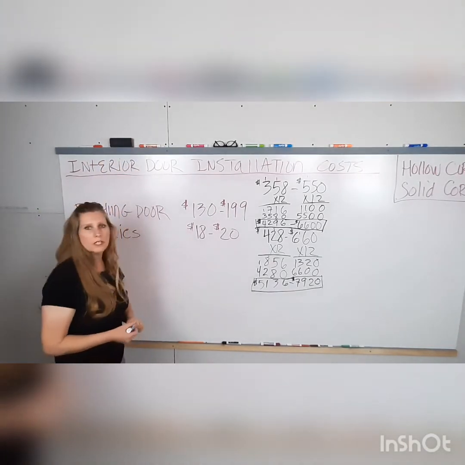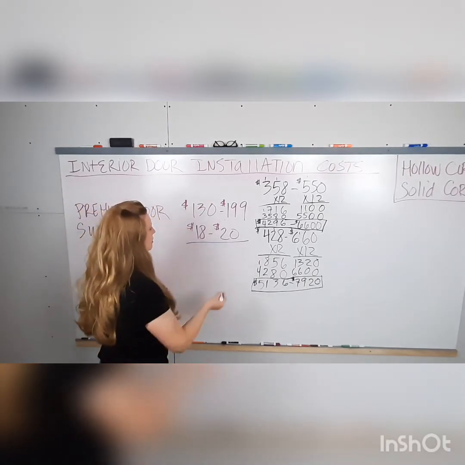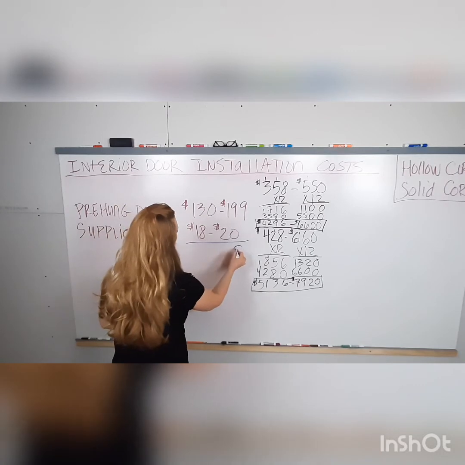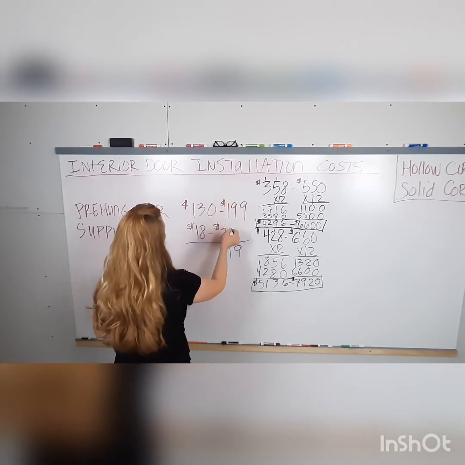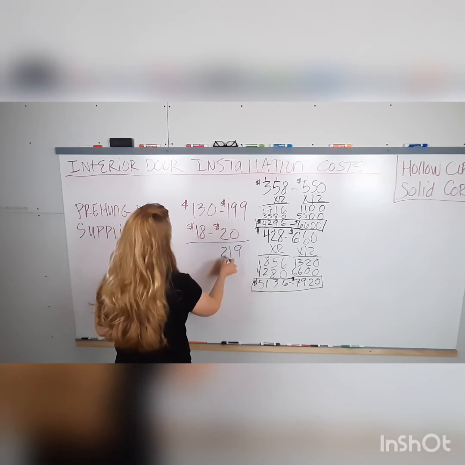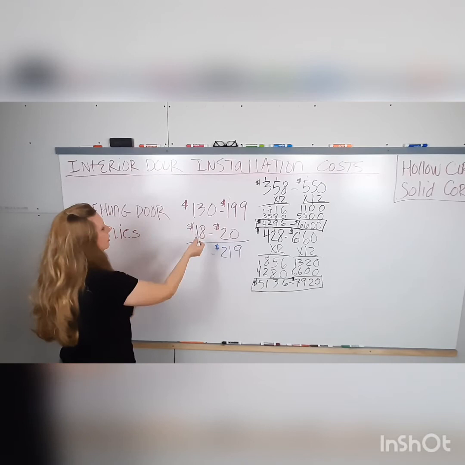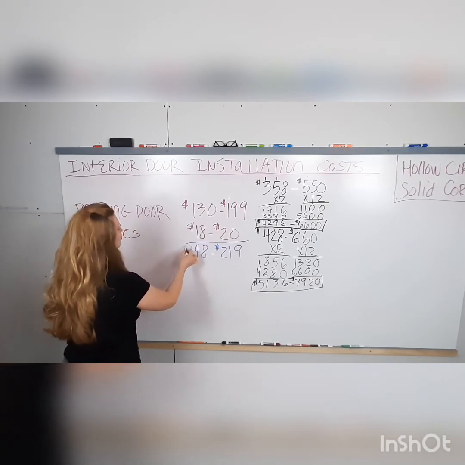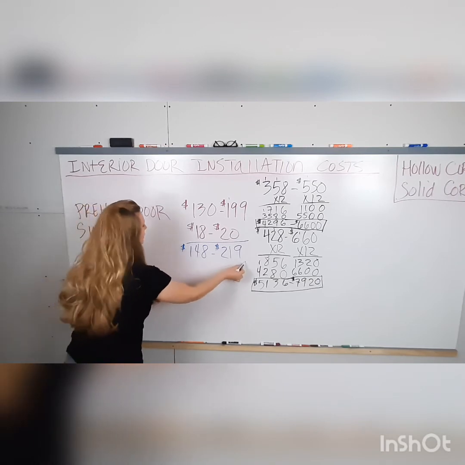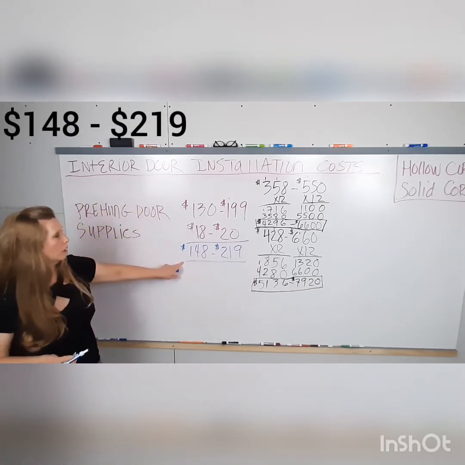All right, let's add up per door what it would cost us. Now this is on the upper end, okay? This is $219. And this is $148. $148 to $219 per door install.